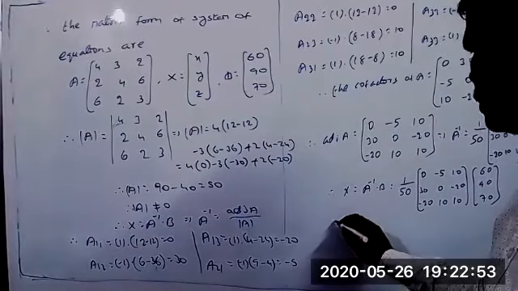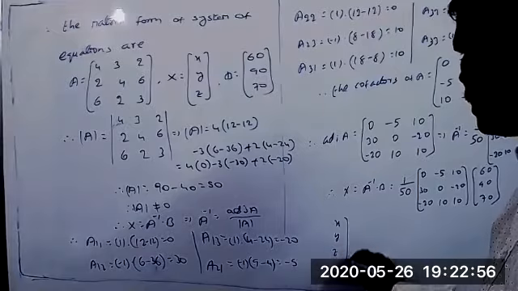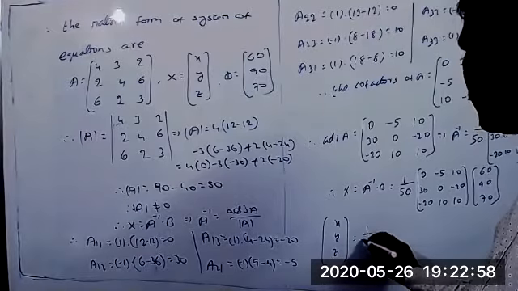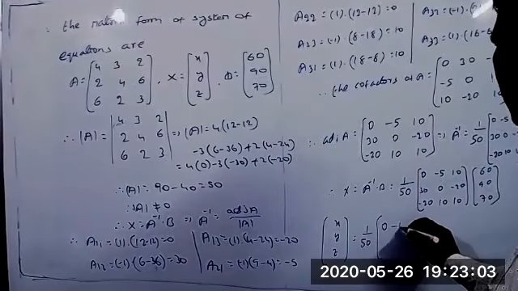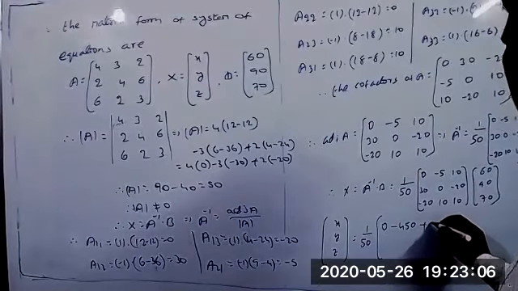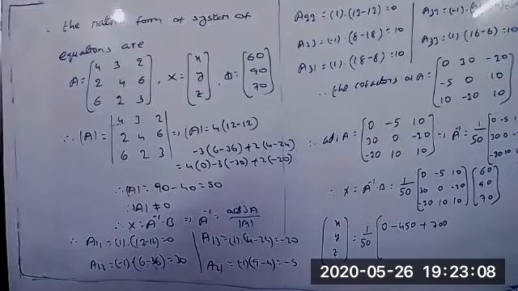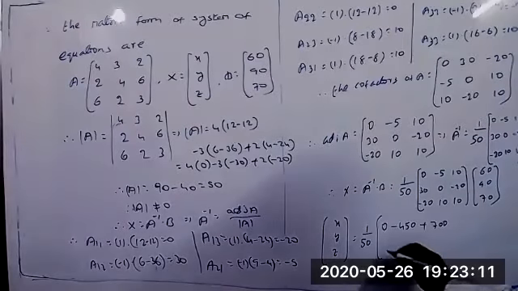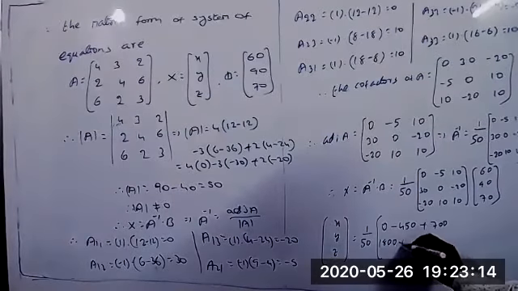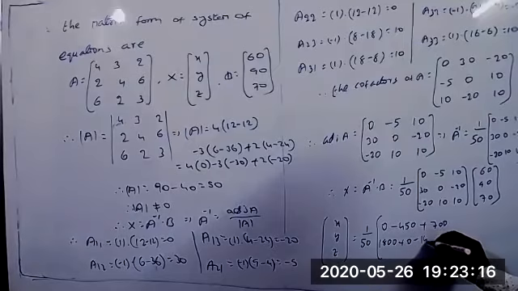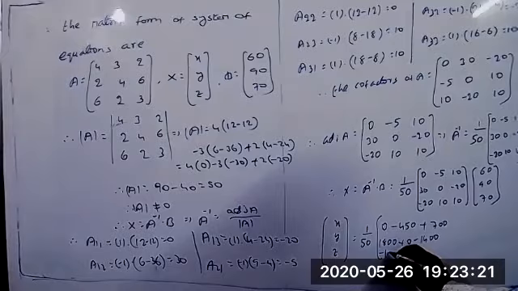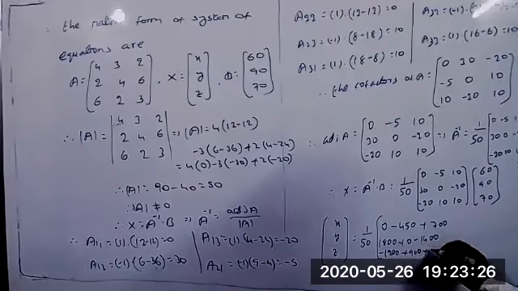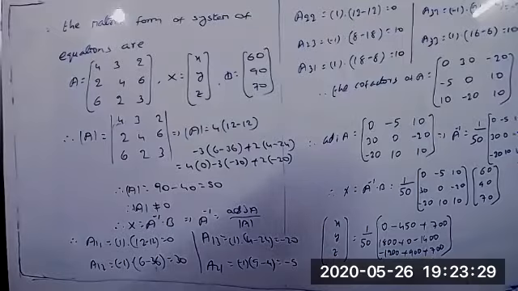Multiplying, X, Y, Z equals 1 by 50 into: first row, 0 into 60, 0, minus 450, plus 700; second, 1800 plus 0 minus 1400; and third, minus 1200 plus 900 plus 700.